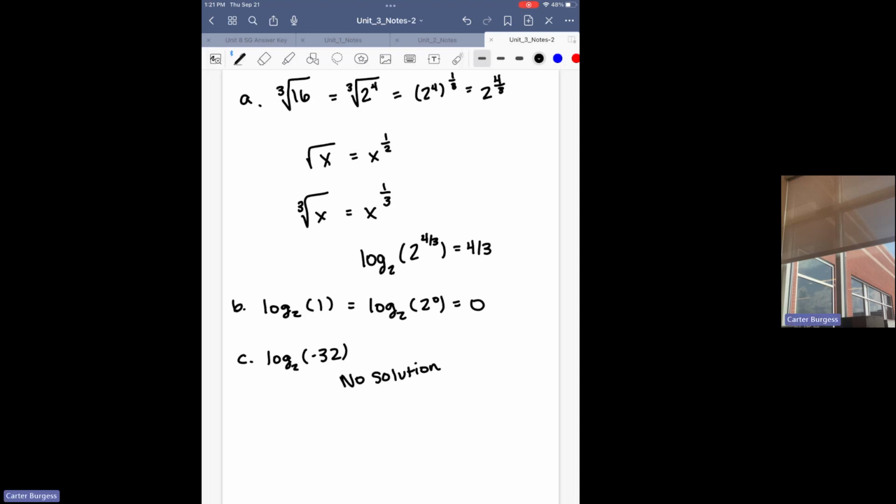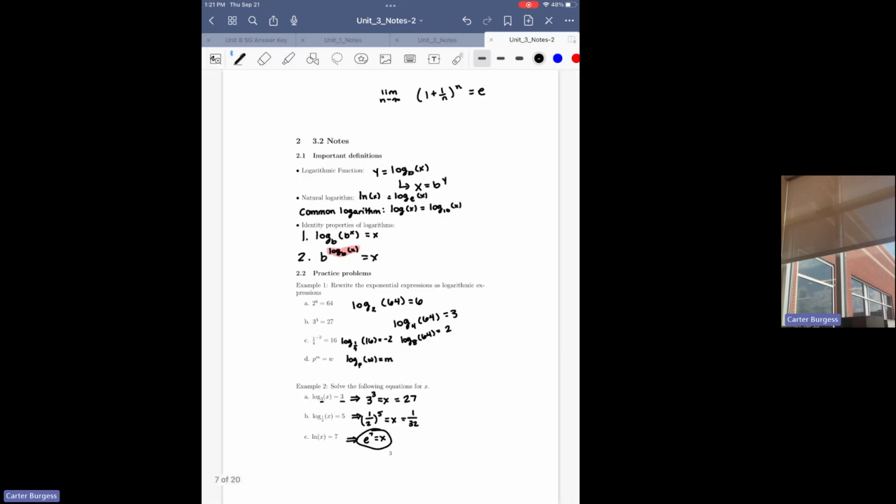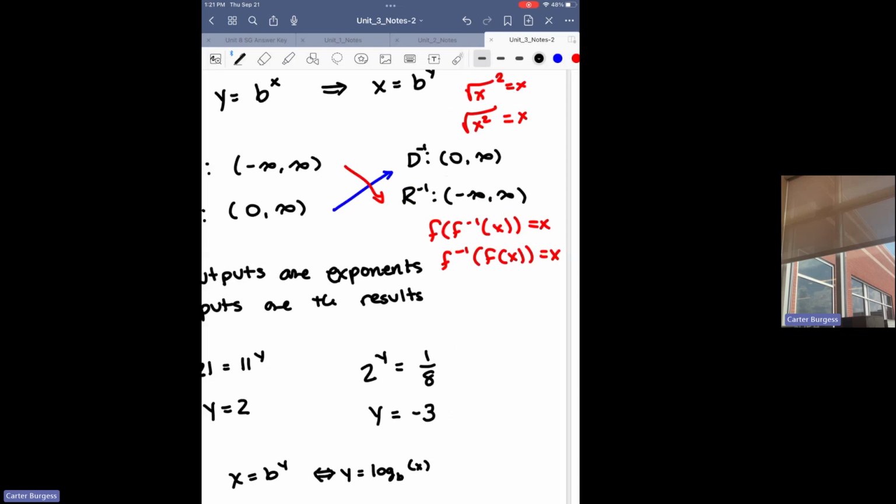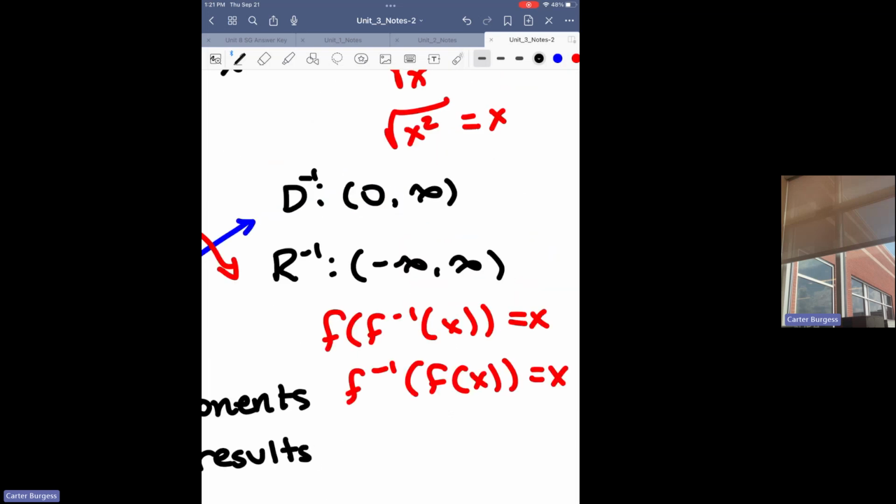This ties in very handily to the domain of our logarithm. Yesterday, when we were building up this inverse function, what did I say must be the domain of my log? Domain of my inverse was 0 to infinity. So the outputs, the exponents themselves, can be anything, but the result is only ever going to be positive.